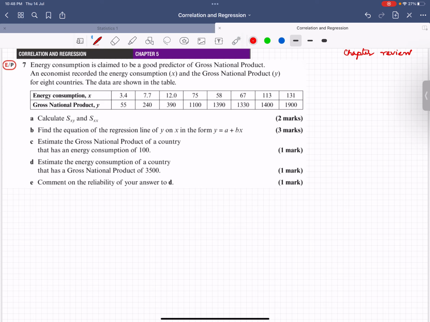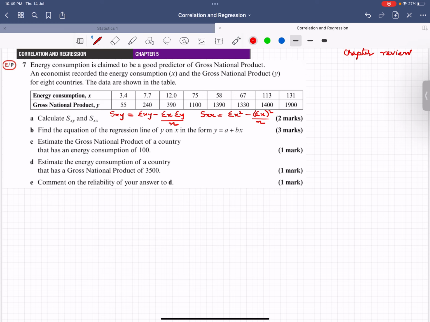So SXY is equal to sigma XY minus sigma X into sigma Y divided by N. That is SXY, and SXX would be sigma X squared minus sigma X the whole squared divided by N. So we have the two formulas in place.